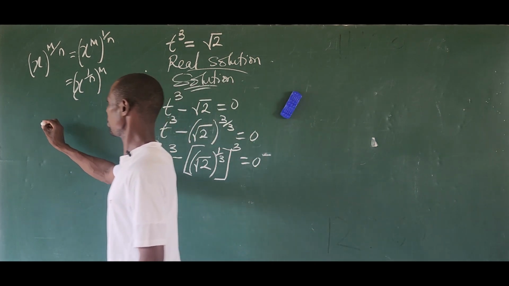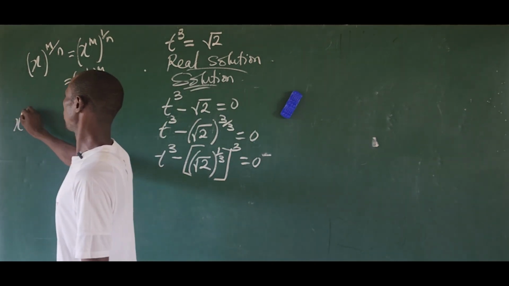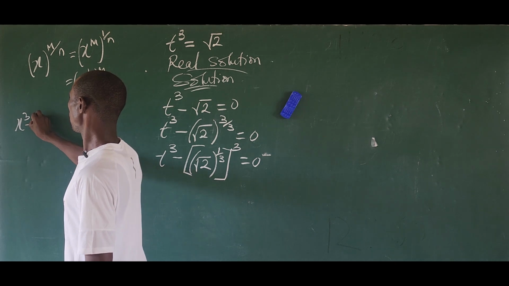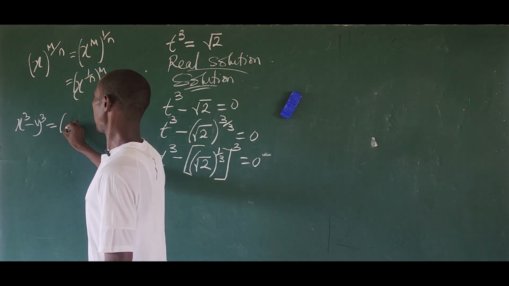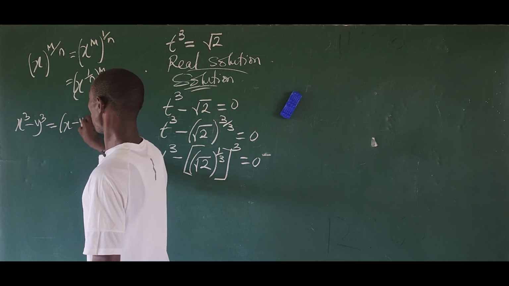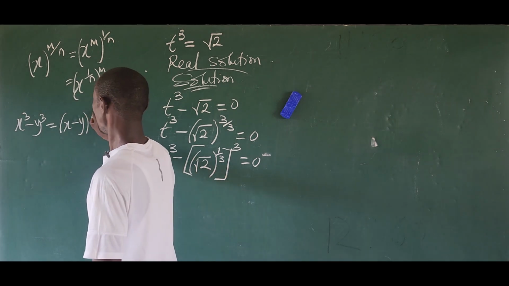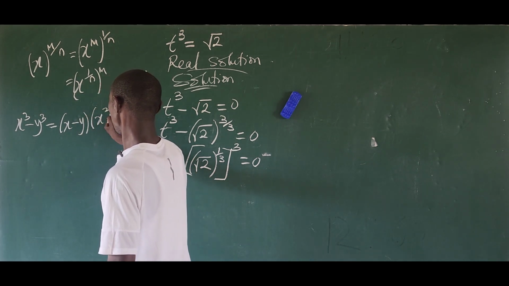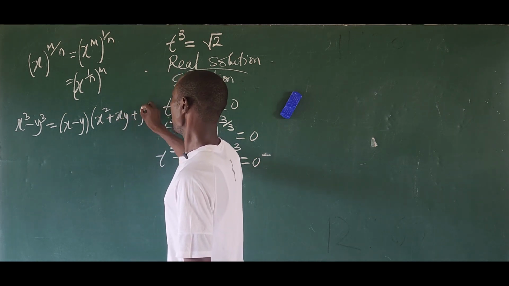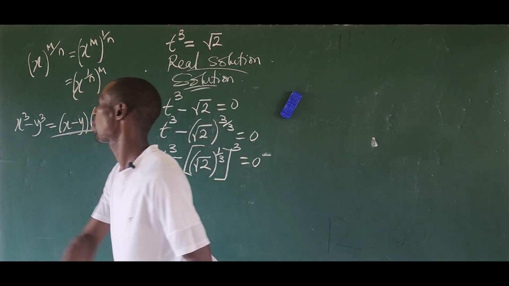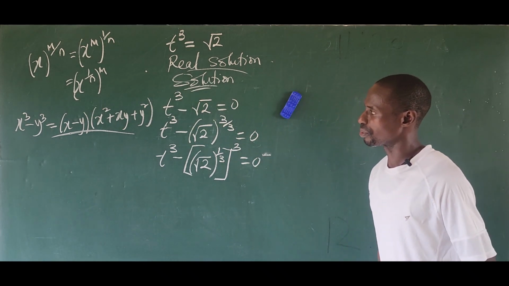It says that when you have x to the power of 3 minus y to the power of 3, this is equal to bracket x minus y close bracket, x squared plus xy plus y squared. This is what we call difference of 2 cubes, right?